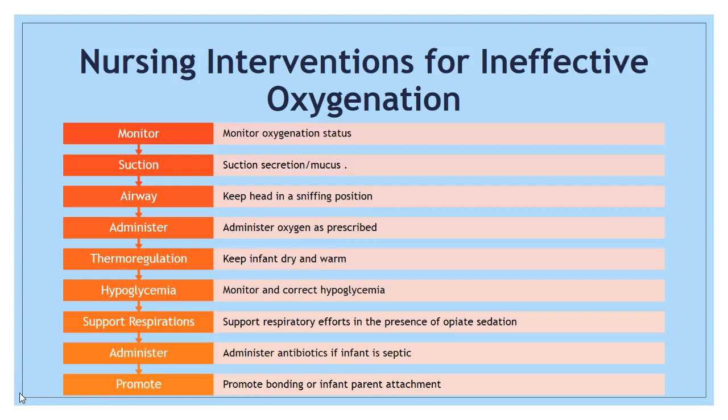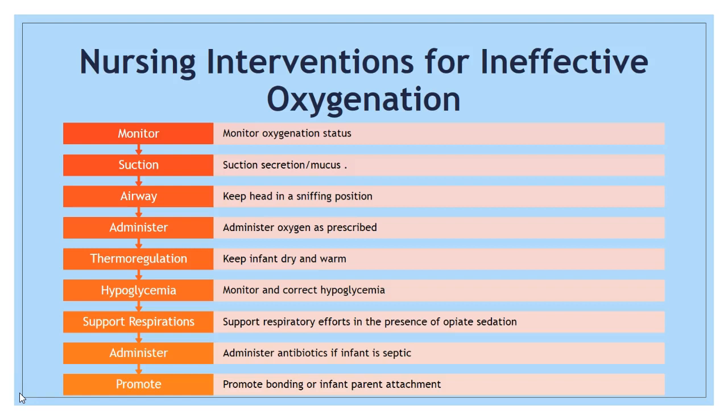We want to promote bonding for that baby and support the parent attachment and care as well, and make sure that we've educated those parents. If your baby is having respiratory distress, we are not going to feed them. We are going to start an IV and we're going to give them some D10 or some type of hypertonic IV fluid that will increase their blood sugars.